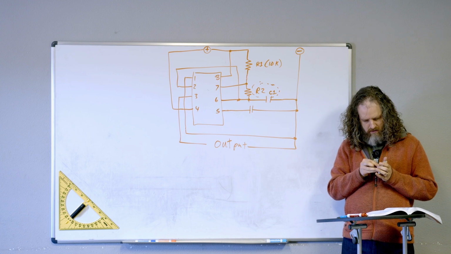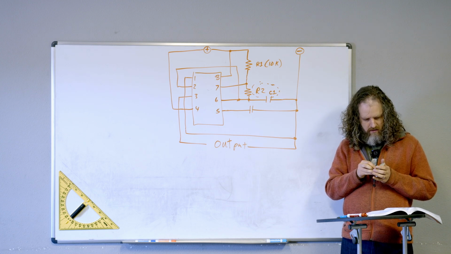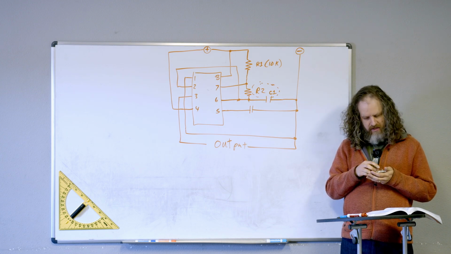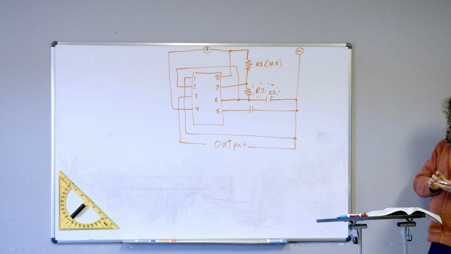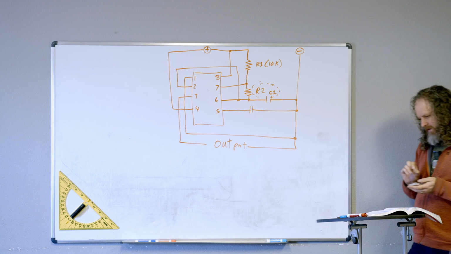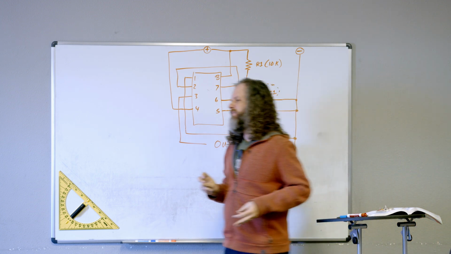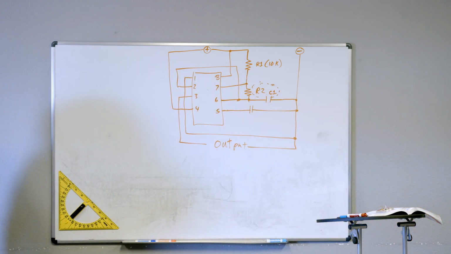What's the voltage supposed to be? 6? Yeah, you could start with 6 and see what happens. Must have done something wrong, because it's just on. That's not necessarily wrong. Let's hook up to the oscilloscope and see what it looks like.